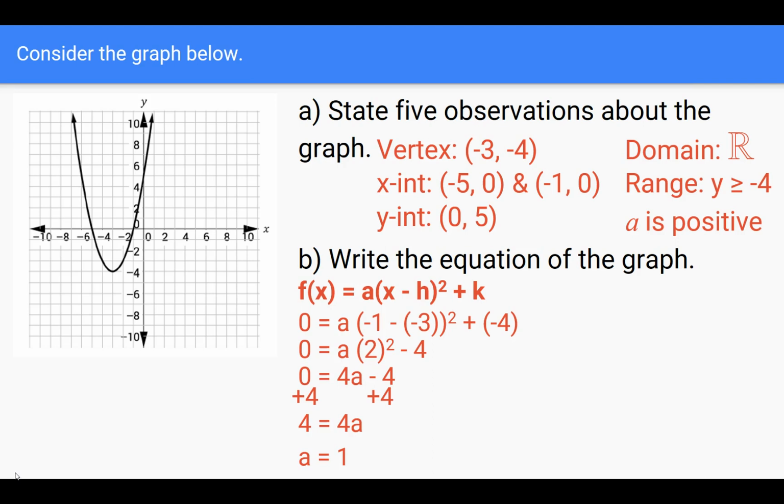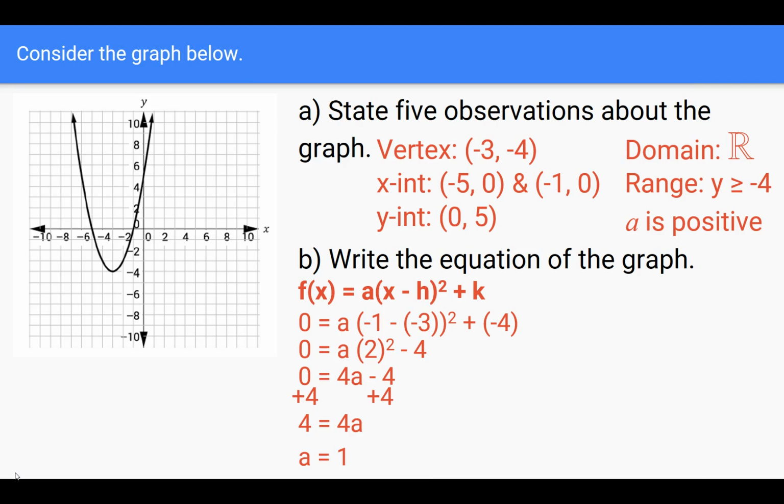So we have Y equals, it always starts off Y equals when I have my final equation. What's our A value? 1. We don't have an X value anymore because we keep X and Y in there to show all the X's and all the Y's. Minus H is minus -3.